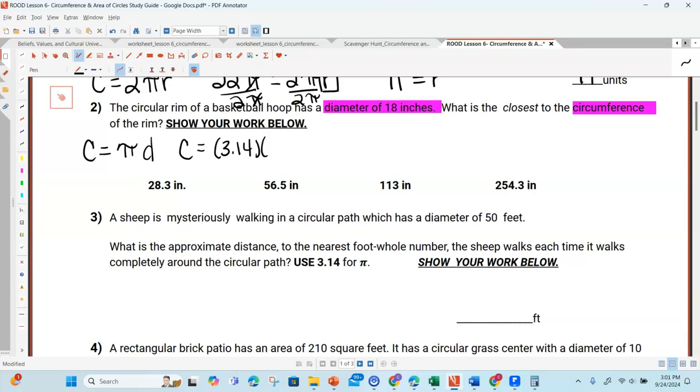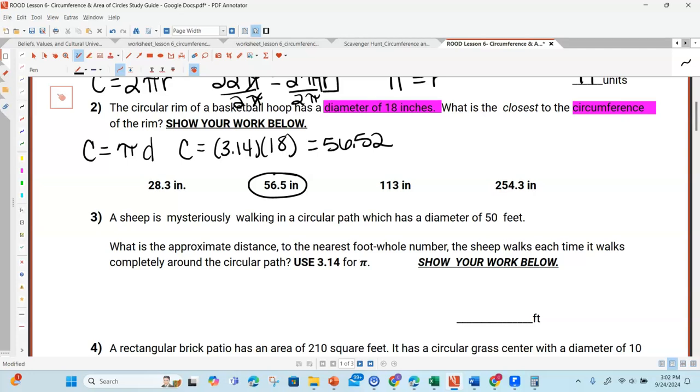The diameter is 18. That gives me 56.52. We're looking for the closest, and it looks like 56.5 inches is the closest to what I got. That is the answer.